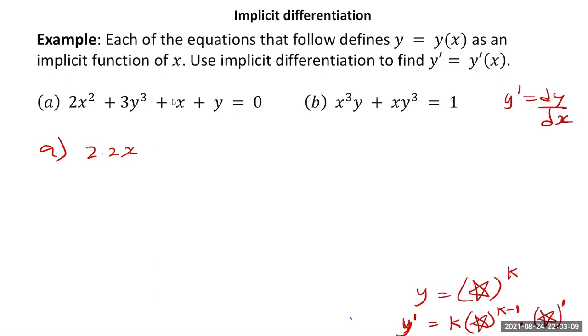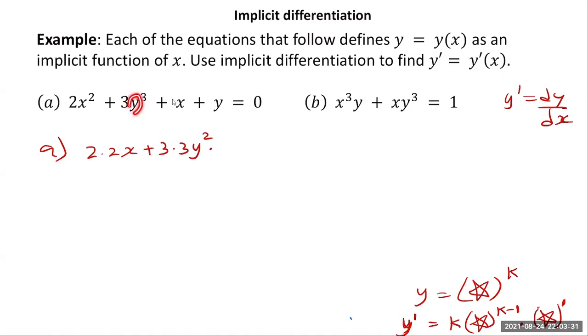Why do you have to apply that rule? Because you don't have x here. You have something else here, so you need to view this as your star. So I'm going to apply the star rule: 3 times, again you have a 3, y to the power 2 times the derivative of the star.